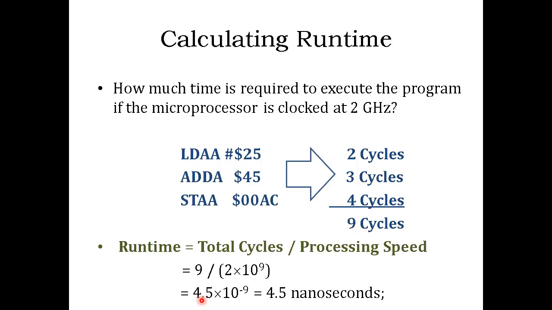For example, if your microprocessor is 6 gigahertz instead of 2 gigahertz, it would run the same 3 lines in just 1.5 nanoseconds instead of 4.5. Just do the math and you'll know why.